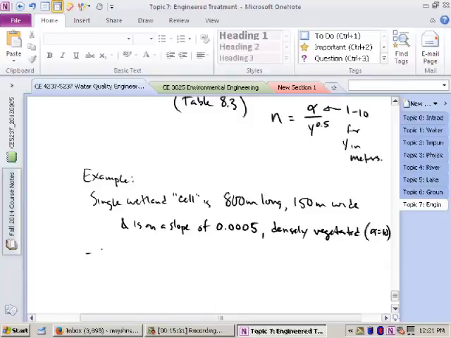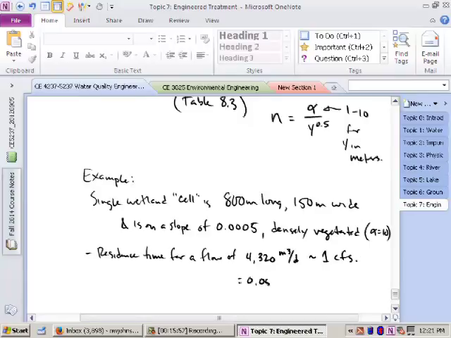So the question here is, what will be the residence time for a flow of 4,320 meters cubed per day, or this is roughly equivalent to 1 cubic foot per second.